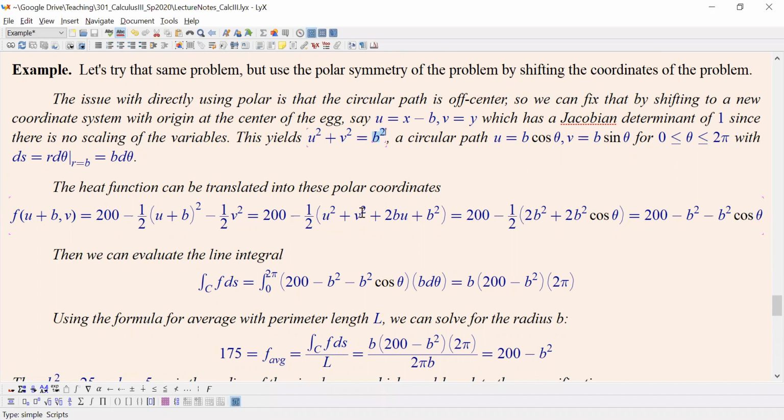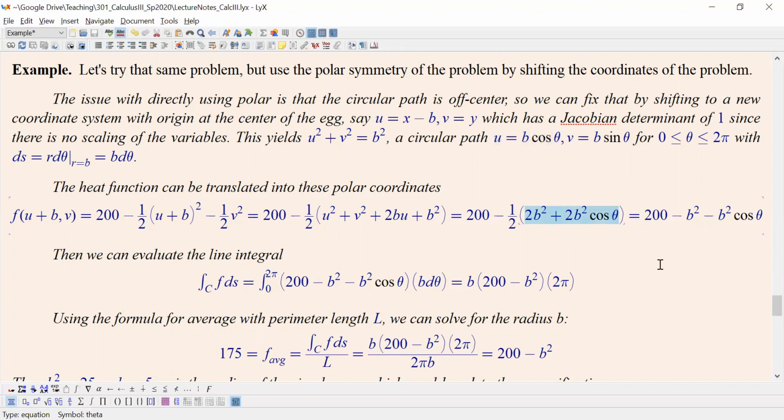And so that combines the b squared. We already have a b squared over here, and then we have a 2bu in the middle. So writing down what u is equal to in our polar coordinate, it's the new x. So that's b cosine of theta, because it's a radius of b. And here we go.